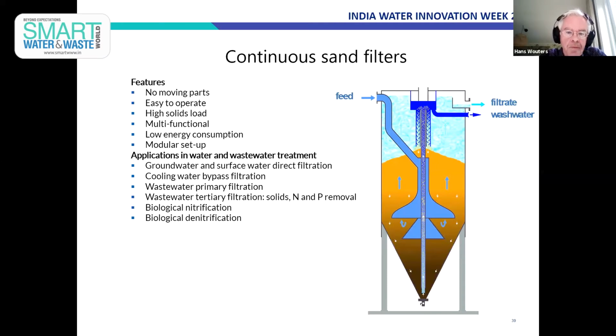That is executed by an airlift principle, which is basically a pipe in the center part of the filter from the bottom to the top, in which a little bit of compressed air is blown, which sucks the sand into the airlift to the top, and there the sand is separated from the solids by a little bit of filtrate flow flowing upwards through the labyrinth at the top section of the filter.